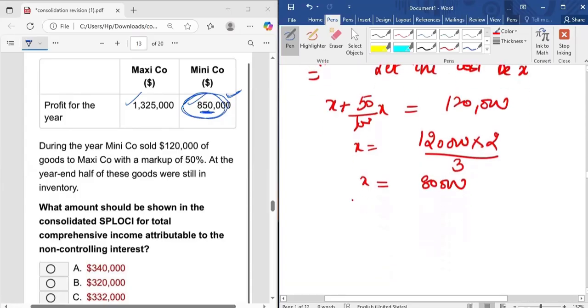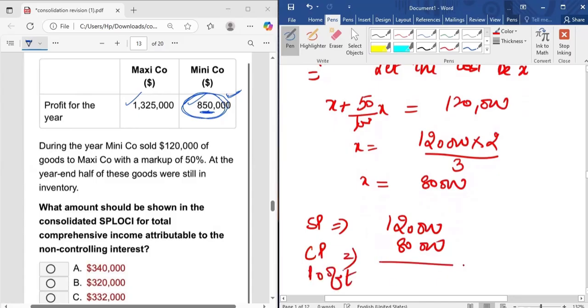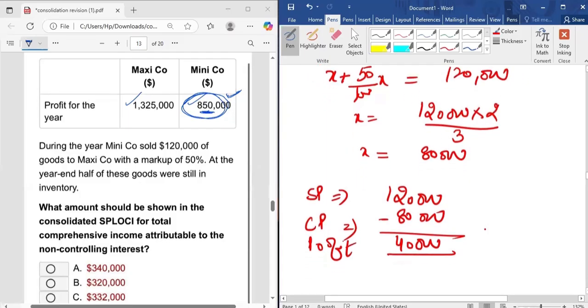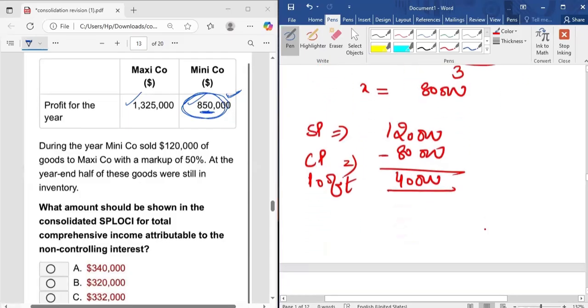So the selling price was 1,20,000 and X was our cost, which is 80,000. X is our cost price. So profit was, subtract these both, 40,000. Now see, at the year end, half of these goods were still in inventory. 50% were sold, 50% was left.